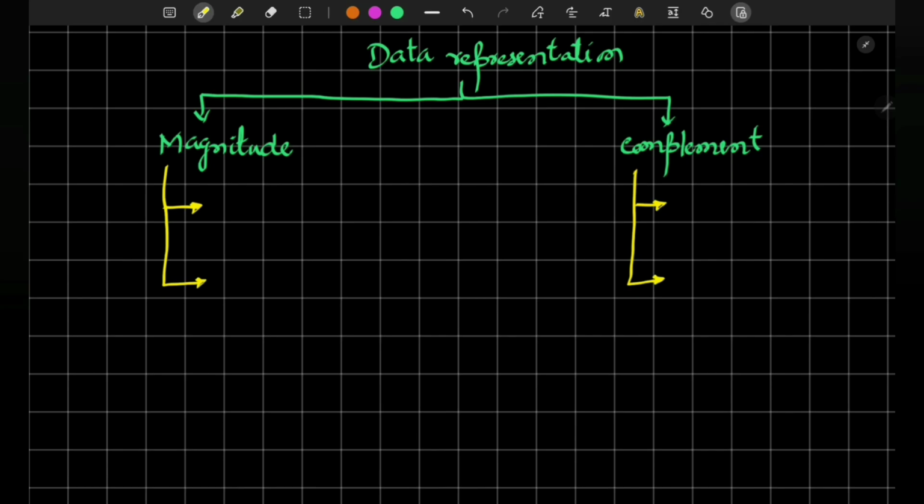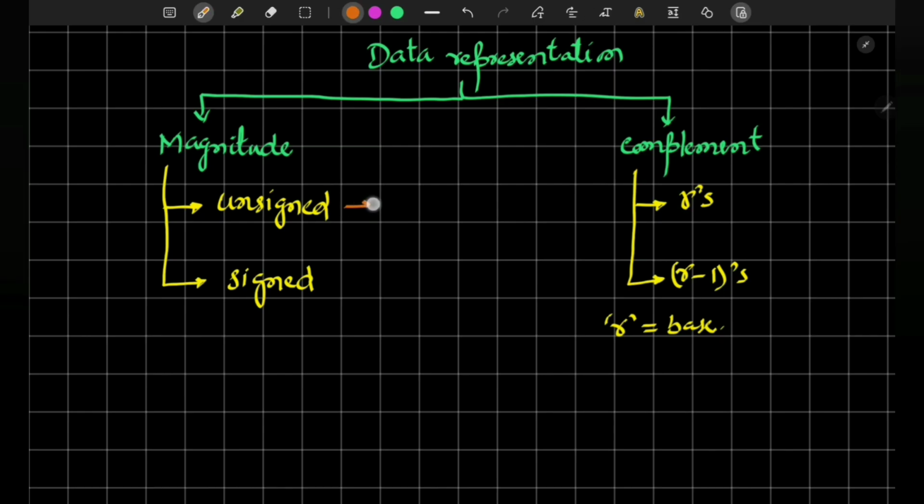Before we proceed further, let me first formally discuss the various data representation methods. We have broadly two data representation methods: one is magnitude and another is complement representation. In magnitude, we have two other types, called unsigned magnitude representation and signed magnitude representation. Similarly, in the complement form of representation, we have R's complement and R minus 1's complement, where R is the base of the corresponding number system.